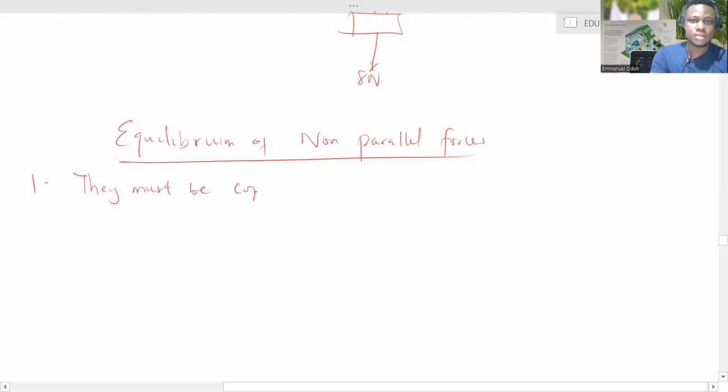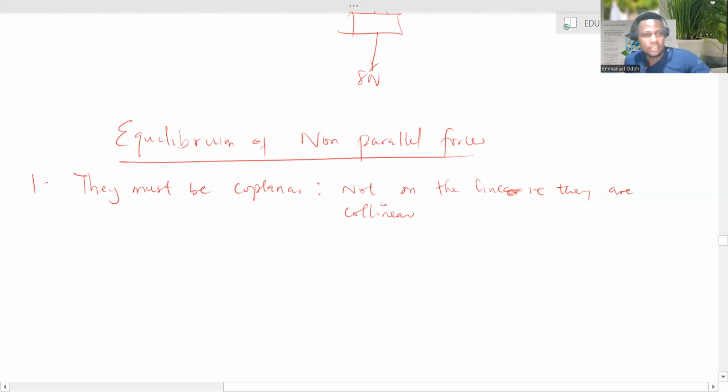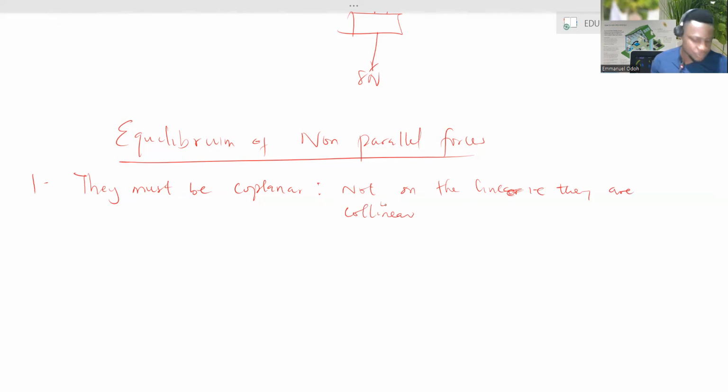And by coplanar, we mean that they must not be on the same line, and that is they are not collinear. So they must be coplanar, meaning they must not be on the same line or collinear.